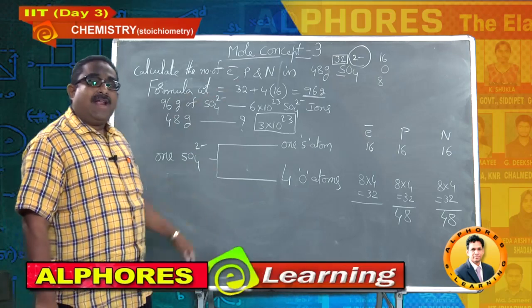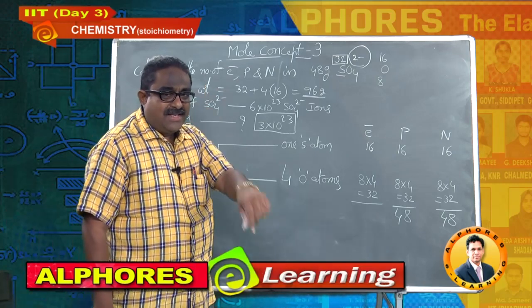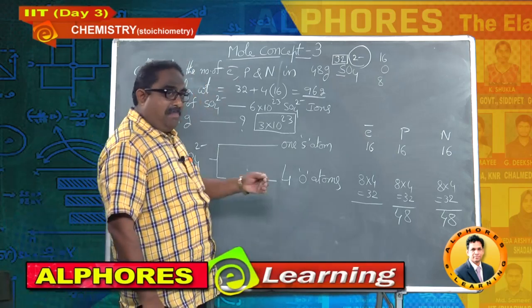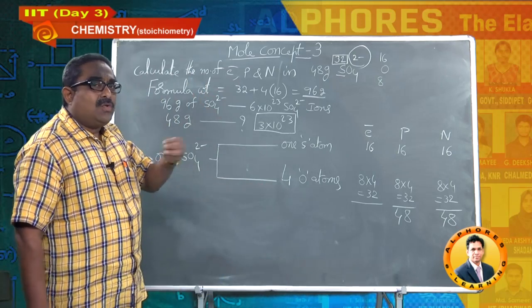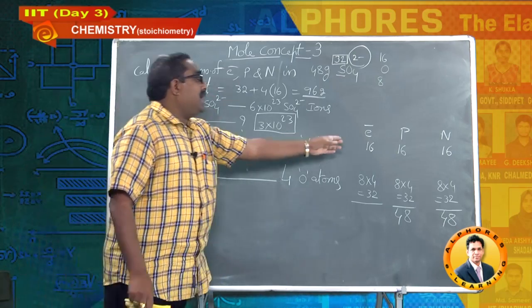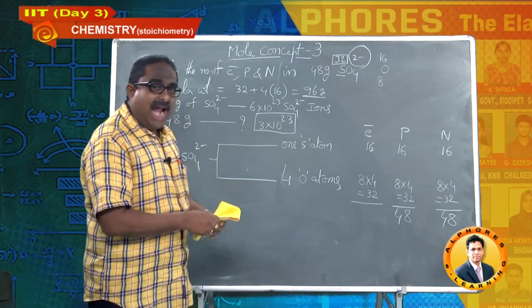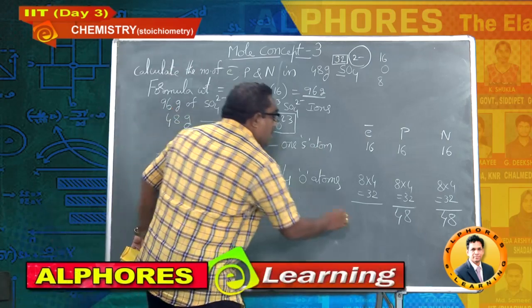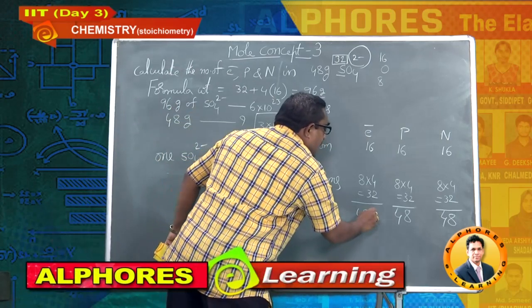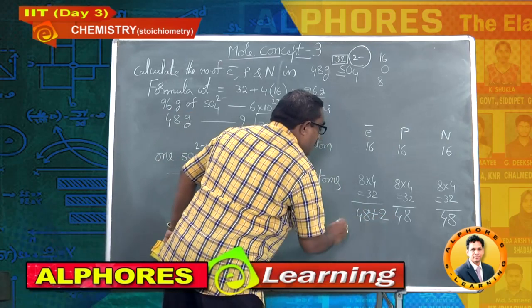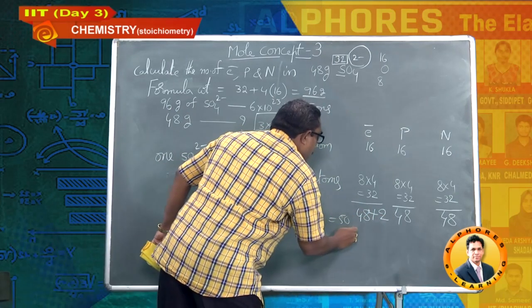That sulfate ion possesses 2 units negative charge. It means it possesses 2 electrons apart from all the electrons present in the respective atoms. So this is 48 plus 2, you should write it as 50.